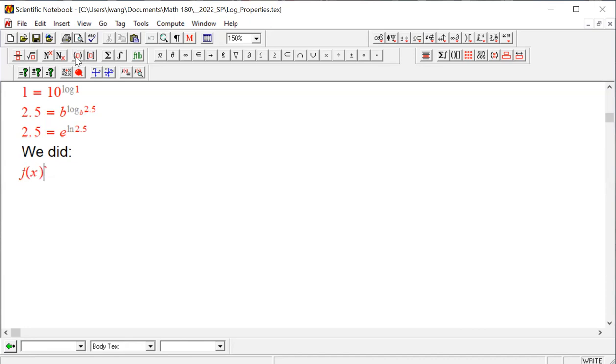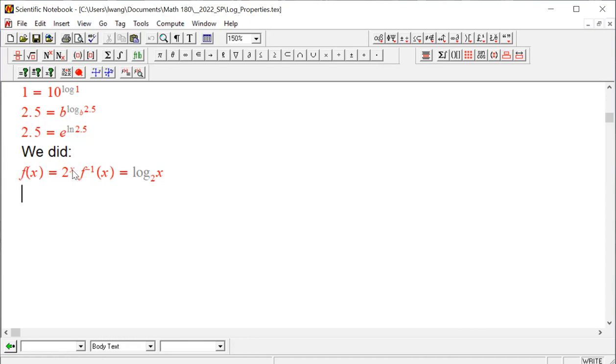In that context, we say f of x is 2 to the power x in the case of base 2, and its inverse is log base 2 of x. So with this said and done, we know that these two functions are inverse to each other. One's domain is the other's range, right?